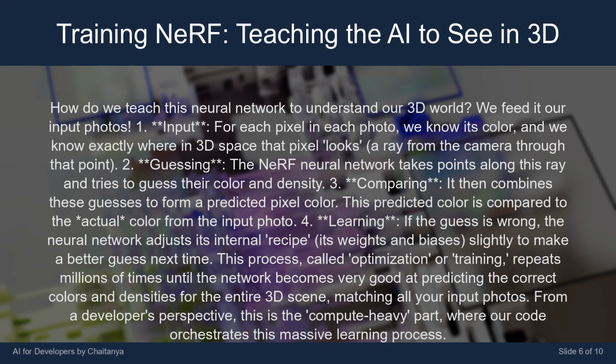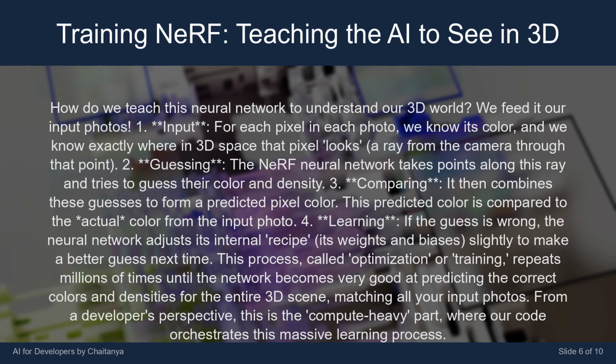How do we teach this neural network to understand our 3D world? We feed it our input photos. 1. Input. For each pixel in each photo, we know its color, and we know exactly where in 3D space that pixel looks. A ray from the camera through that point. 2. Guessing. The NeRF neural network takes points along this ray and tries to guess their color and density. 3.